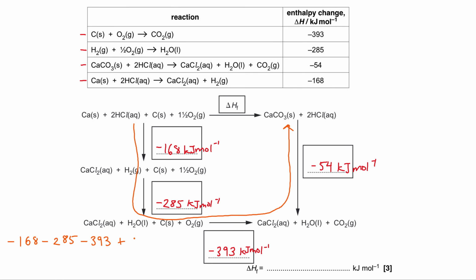That becomes plus 54. And then if I plug that all into my calculator, I get a value of minus 792 kilojoules per mole. And if this route is equal to minus 792 kilojoules per mole, that means this route over here, the standard enthalpy change of formation of calcium carbonate, is also equal to minus 792 kilojoules per mole.